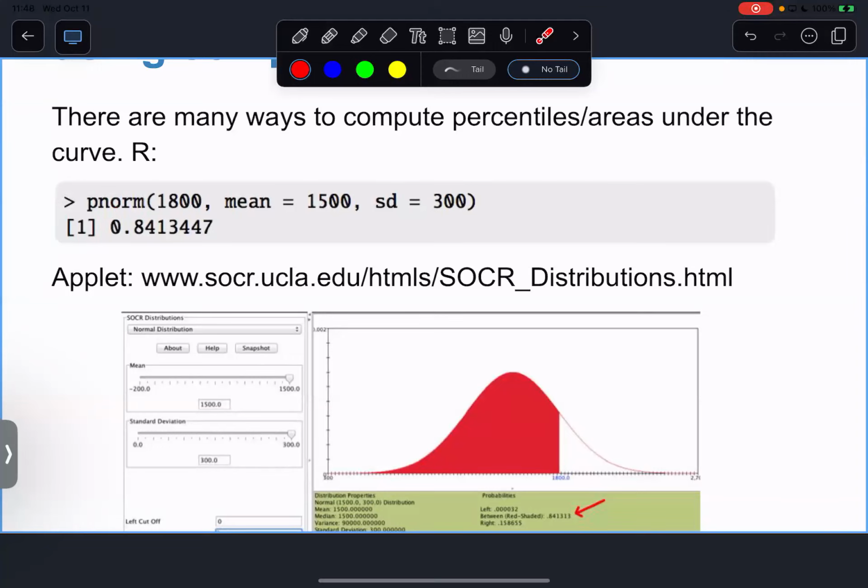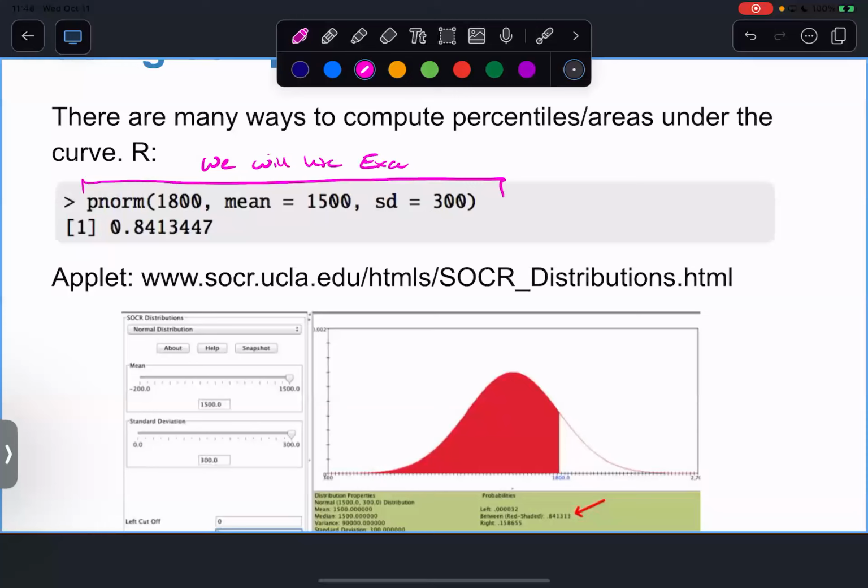I'll make a note here. We will use Excel in the lab, but it's gonna take all those components, right? It needs the observation, it needs the mean, it needs the standard deviation to do what? To calculate the z-score.